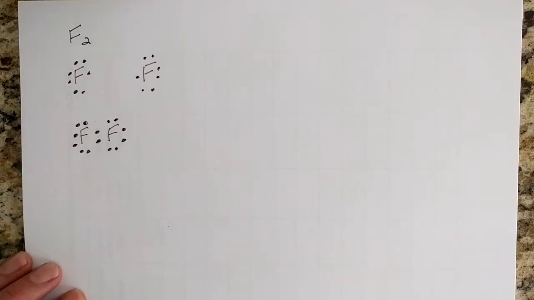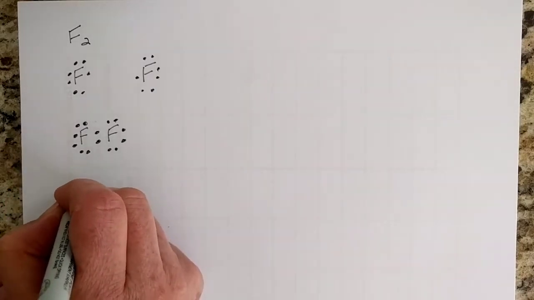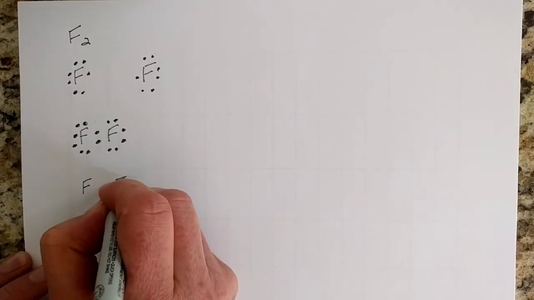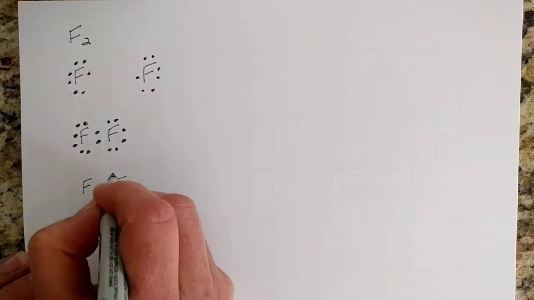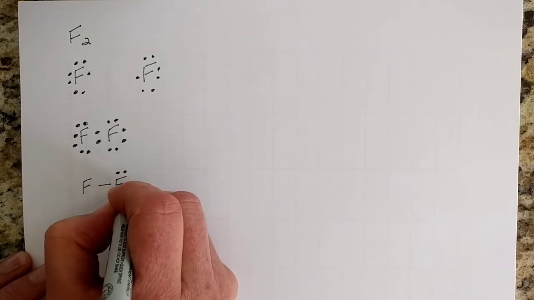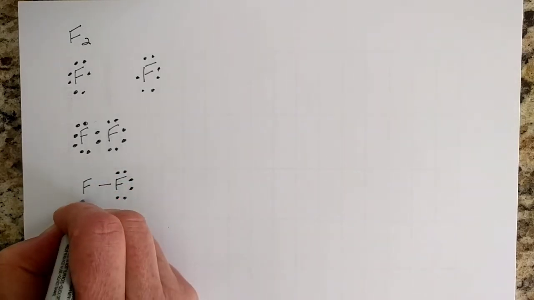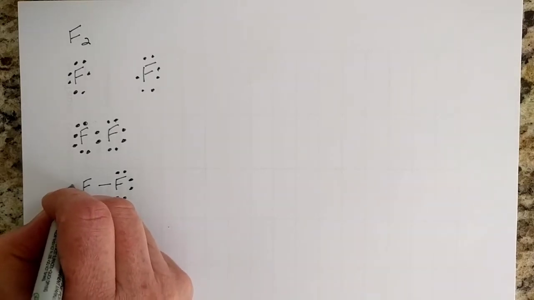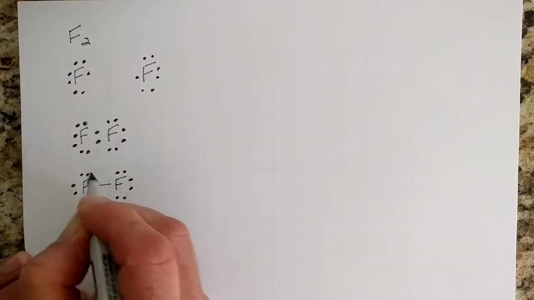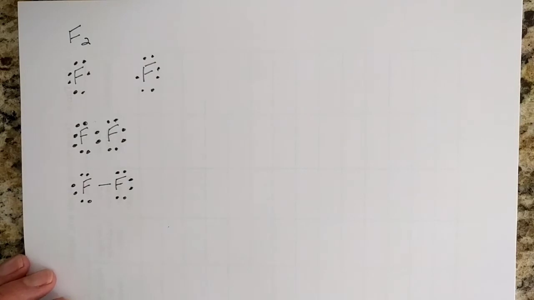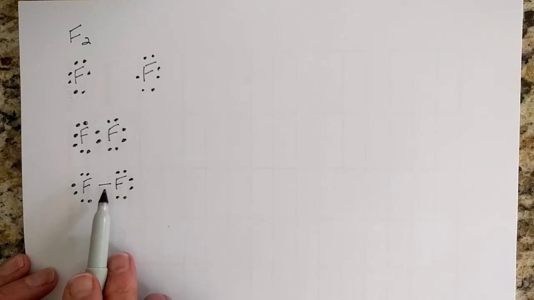So here is our Lewis structure. And we could also write it showing the bond between the 2 fluorines as a dash, but we have to keep these other electrons that are not in the bonds as dots. So either of those 2 is a Lewis structure for the F2 molecule. And again, we can see that we have a single bond in between our fluorine atoms.